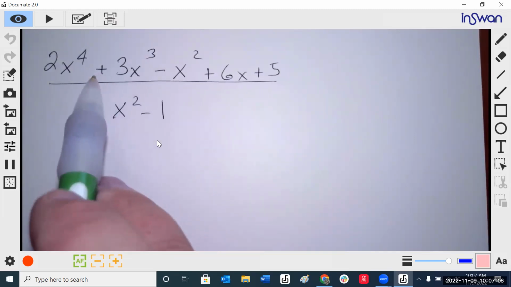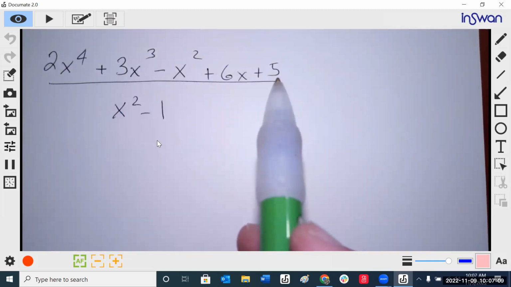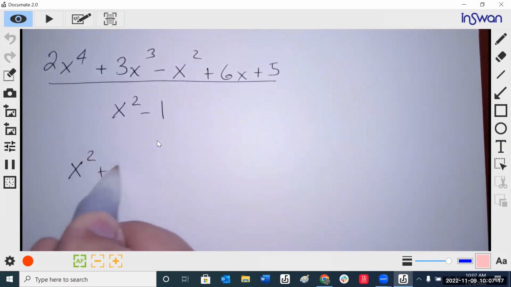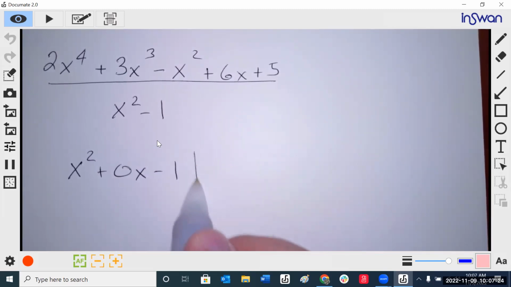Are there any missing spaces on the top? How about the bottom? Yeah, it's missing the x. So when you set this one up, you have to allocate that space that's missing.